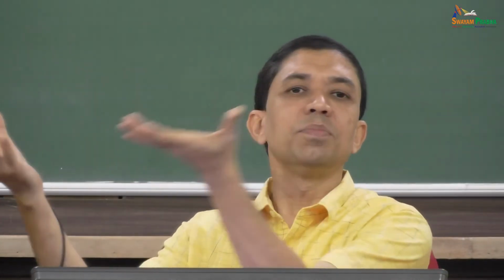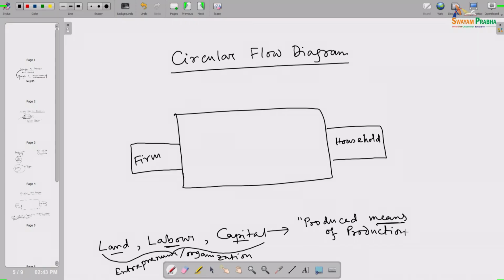Because using those blocks you are going to produce something else, say maybe chairs, maybe certain furniture. So, when it is a raw timber log directly collected from the forest, it is land, but when that timber log is transformed into pieces of specific size, those will be called capital. Why will those be called capital? Look at the definition of capital: produced means of production.